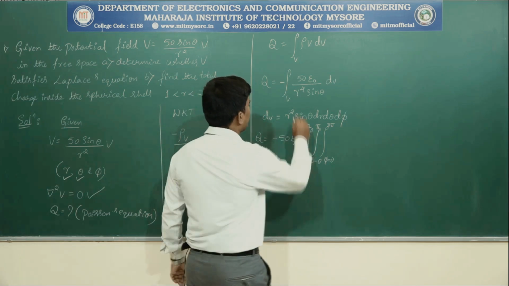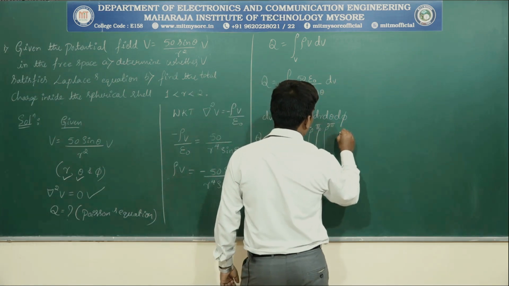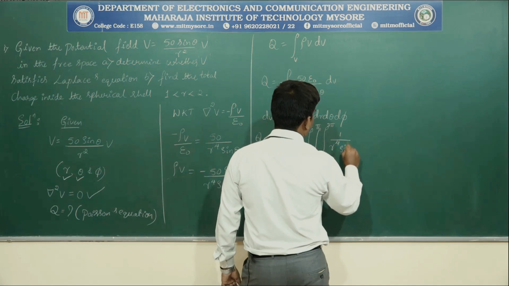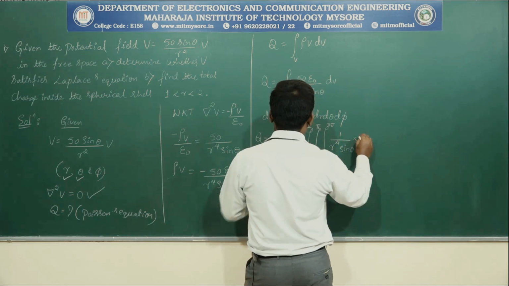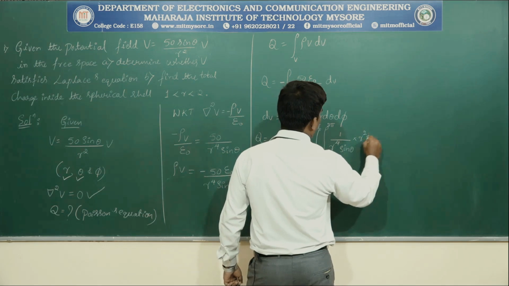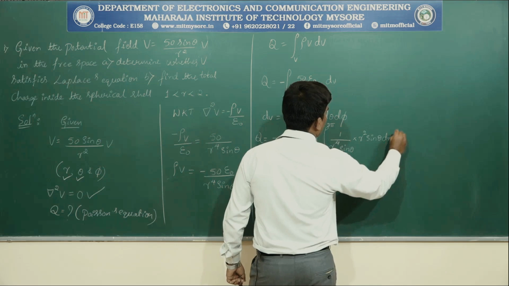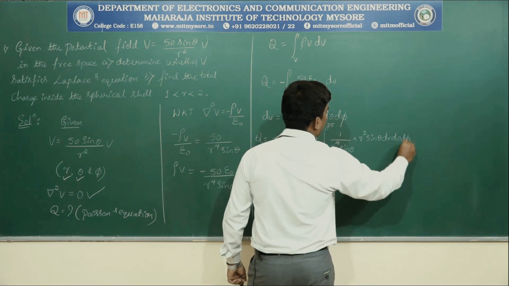So after solving this, we are going to write 1 by r power 4 sin theta into dv, that is r square sin theta dr d theta and d phi.